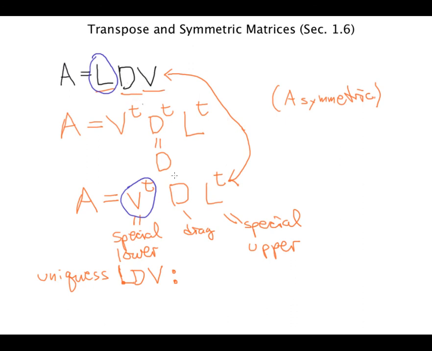And of course, D is equal to D, and also V is equal to L transpose. But that's just the same fact again. What I conclude is that V is equal to L transpose. That's this identity right here.